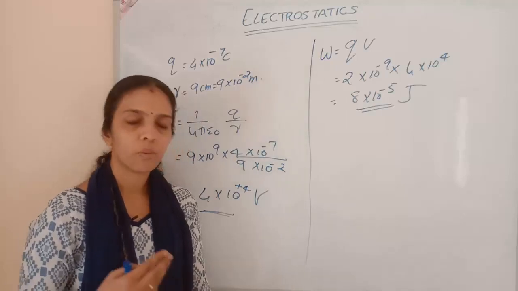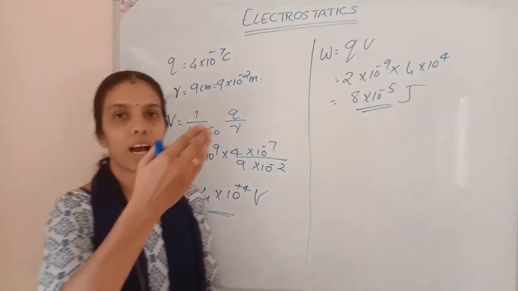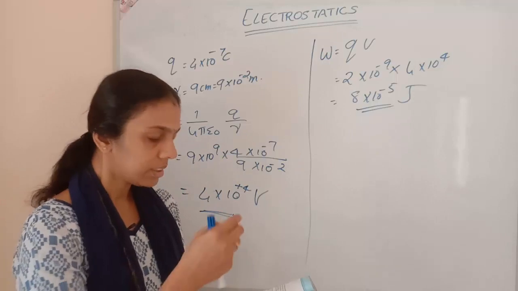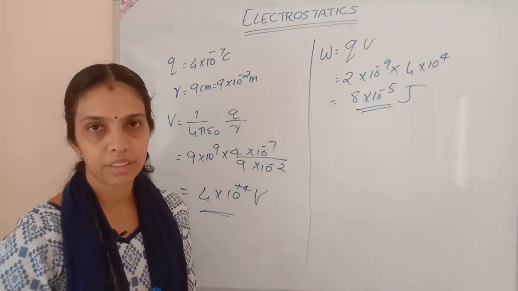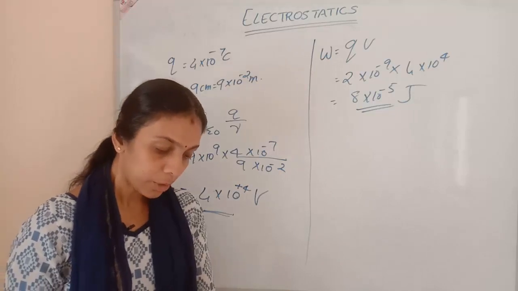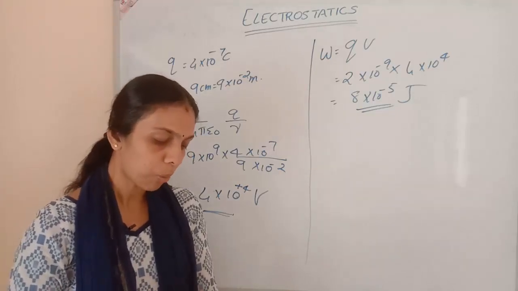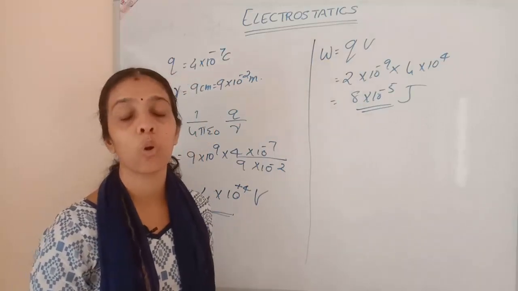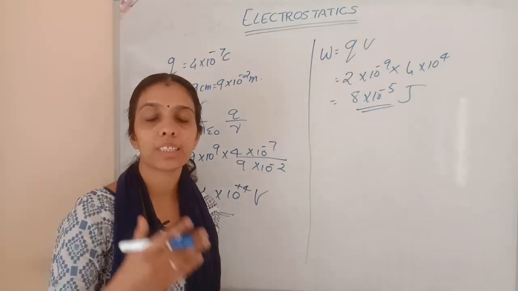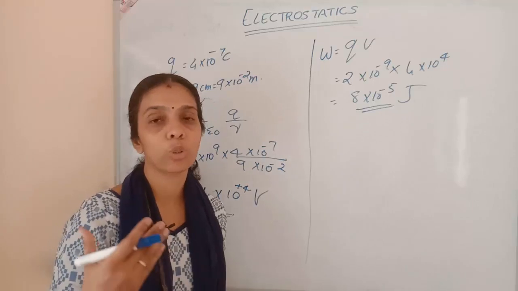Here I am taking two charges which are kept at a distance 15 centimeter apart. I need to find at what point on the line joining the two charges the electric potential is 0.